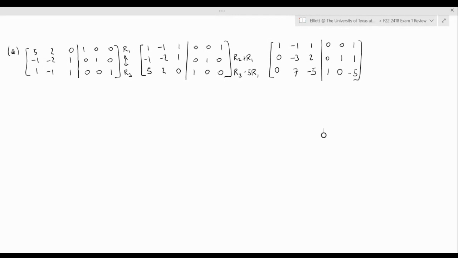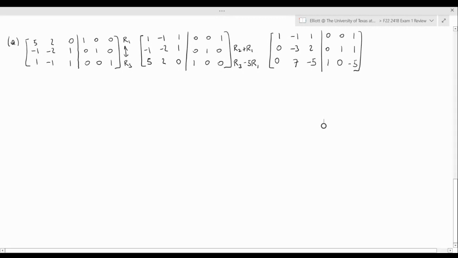But sometimes I try to do something like this to avoid fractions, all right? So I'll show you guys something that I will sometimes do. To avoid fractions, I would like to have a 1 as a pivot, okay? So I might do a row operation to get a 1 in the second column first.